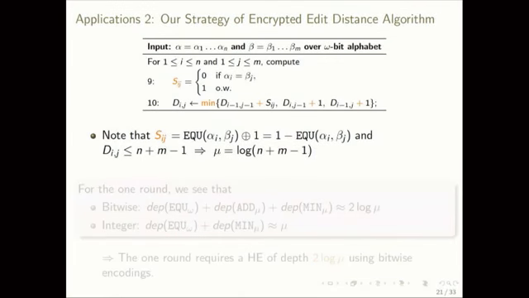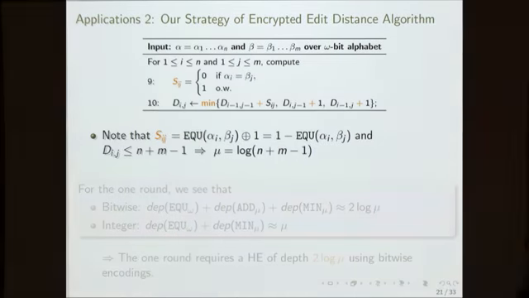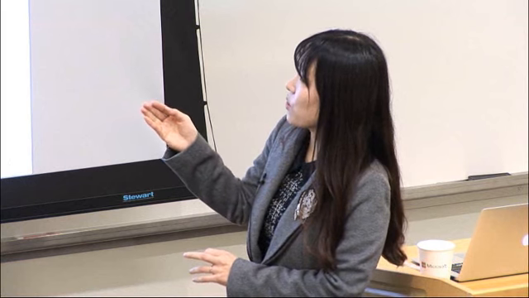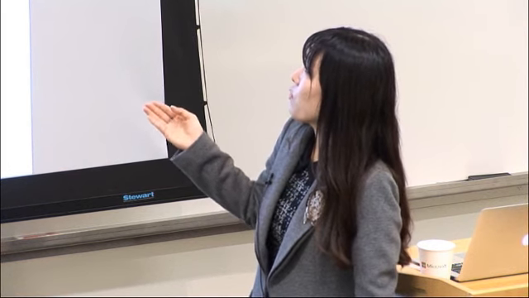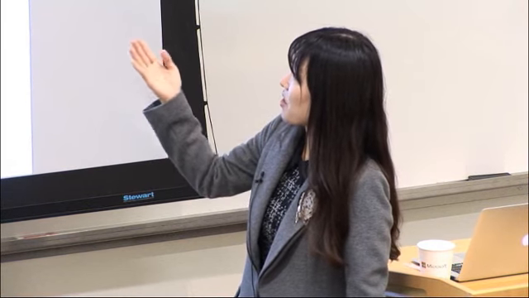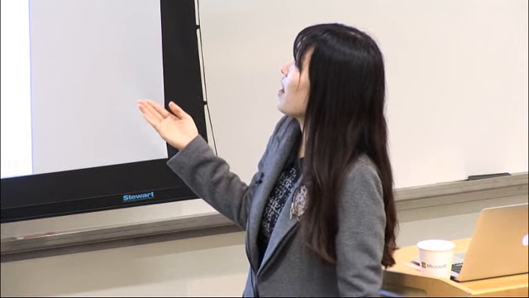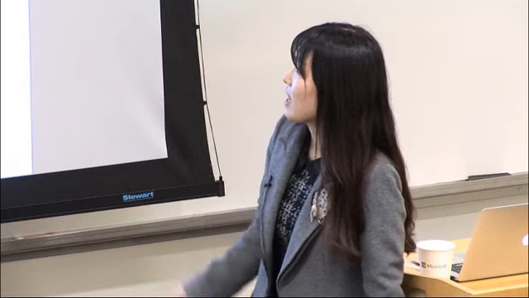So I'd like to explain our encrypted edit distance algorithm. Suppose that we are given 2 inputs, alpha and beta, over omega bit alphabet. That means that the characters are omega bits.